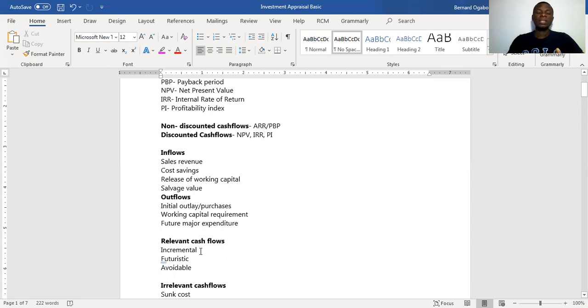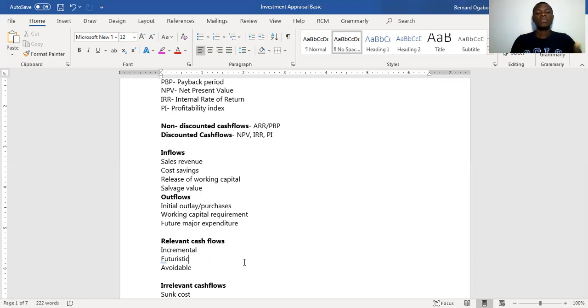It means that it should be additional. Let's assume I'm buying a new machine, I am adding a new line of business, I'm adding a warehouse, I'm adding a building. It means that because of this new project that I am undertaking, I am going to spend additional capital.